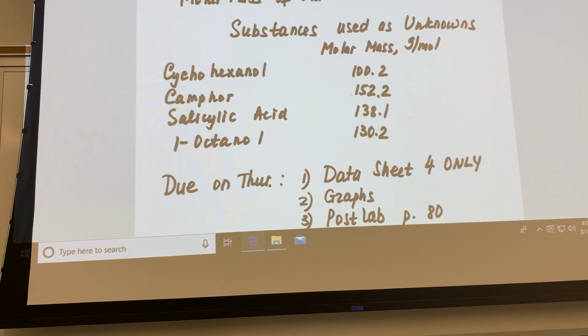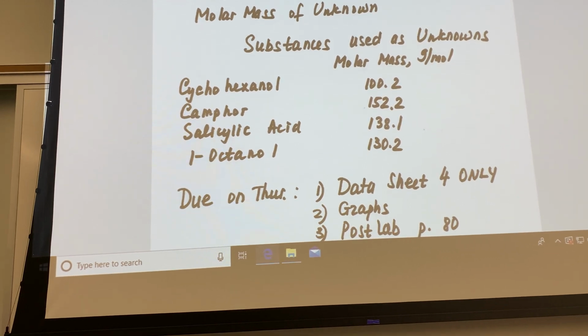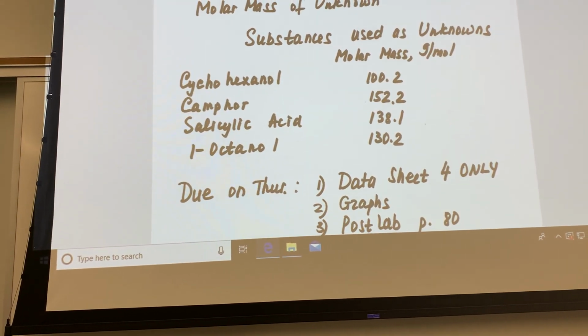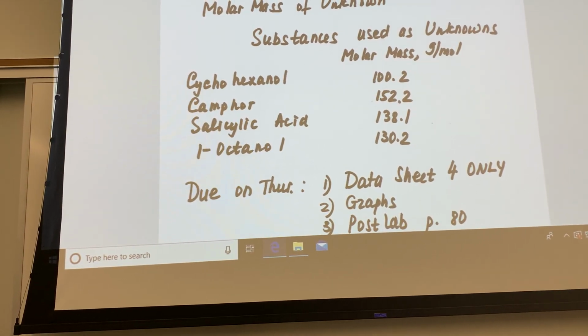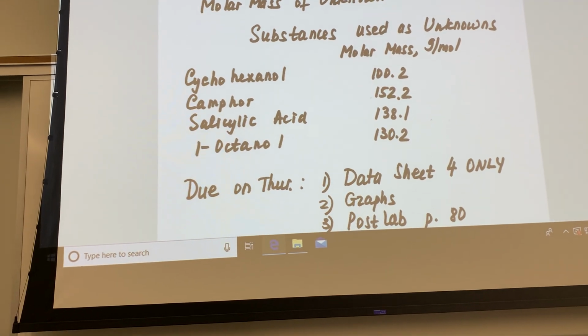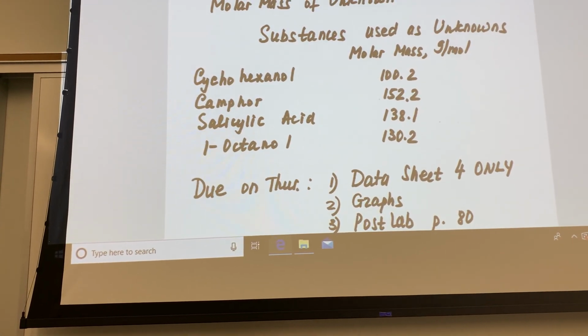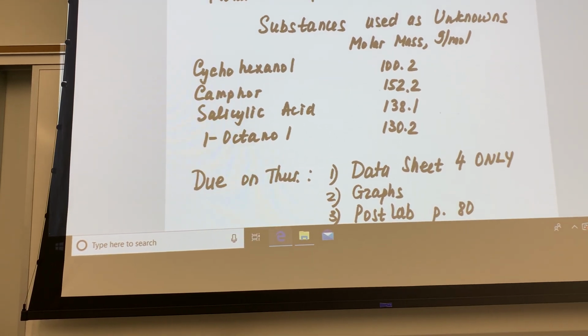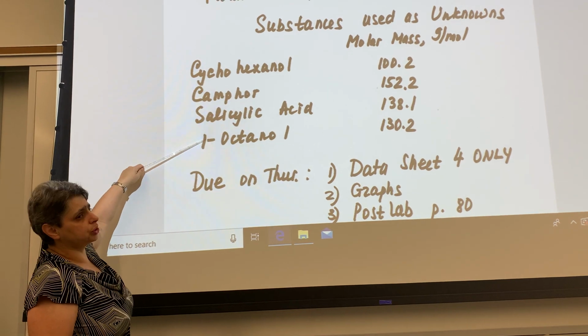So what I'd like you to do, once you have all the data provided by your TAs, and you know which unknown was being used for the solution, you will use the data provided to find the freezing point of the solvent and solution, and then find the freezing point depression and molality, and eventually the molar mass of the unknown. These here are 4 substances used as unknowns.